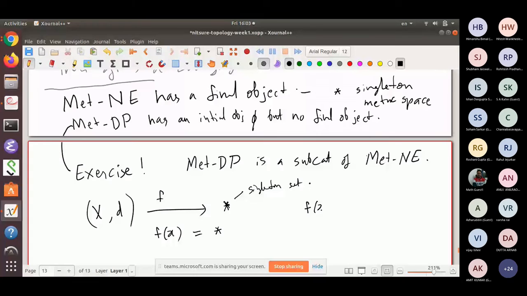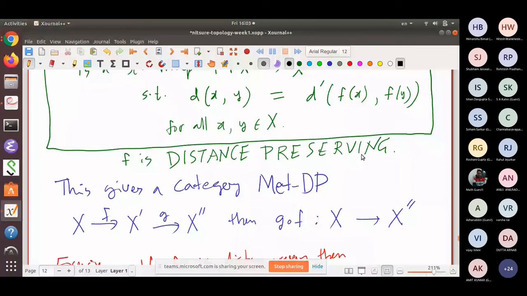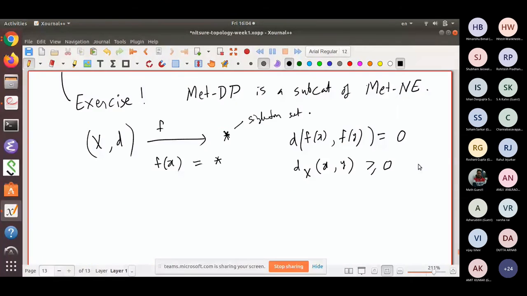And what might have been the distance in X between x and y? It is greater than or equal to 0, the first rule of metric spaces. Therefore, the distance has become 0. Earlier it was greater than or equal to 0. Therefore, the distance has not increased, right? Yes, sir.